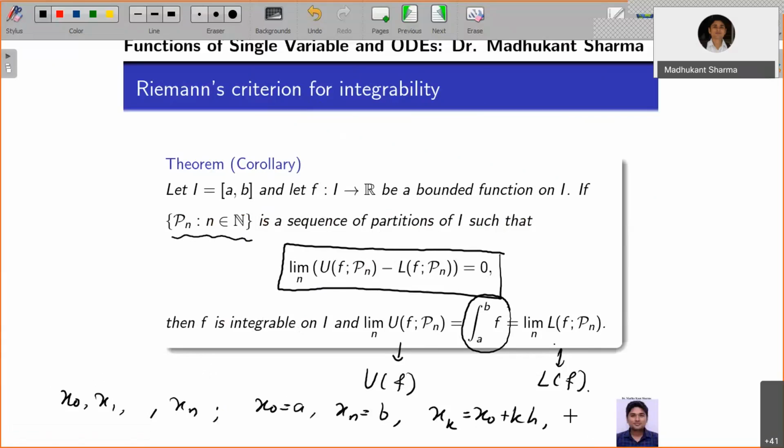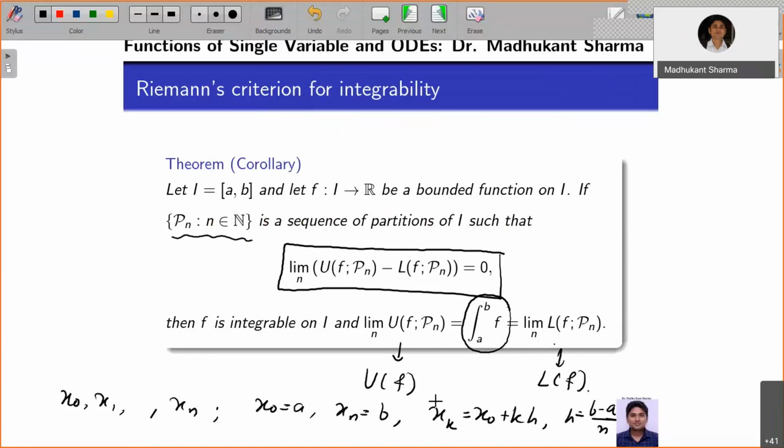What is h? h is the step size. You can make it equidistant, and that is going to be (b minus a) by n, which gives you a partition of equidistant points.